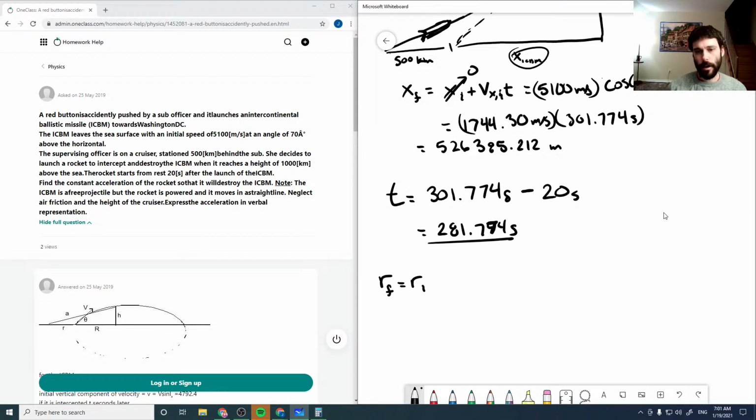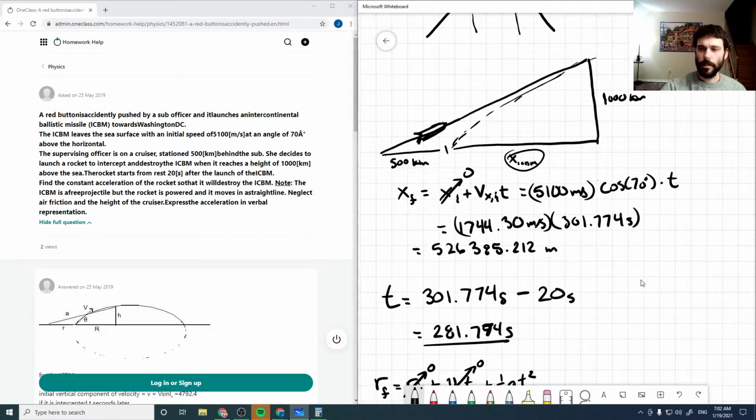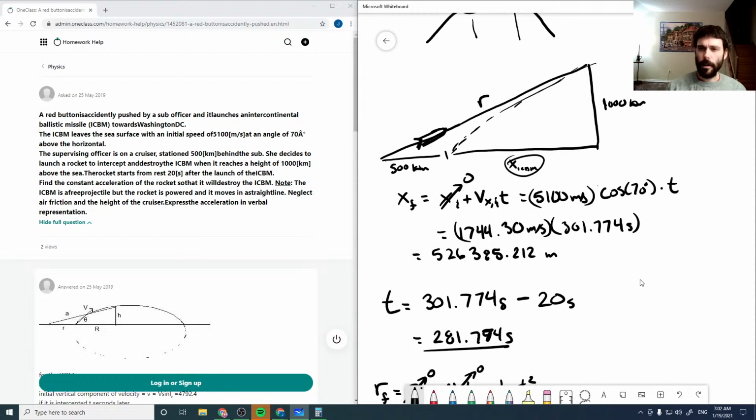So RF is Ri plus V naught T plus 1/2 a T squared. And we're assuming the rocket starts from rest, so that's 0. We're starting at 0, so that's 0. So luckily we just need to know our distance, and we can solve for our acceleration using our time. Now our distance is, this is our r here.